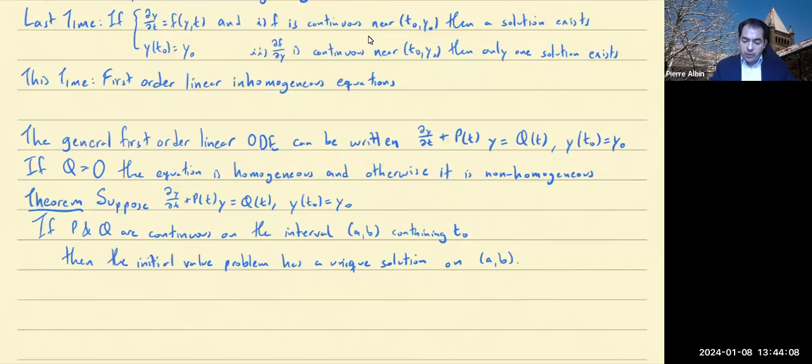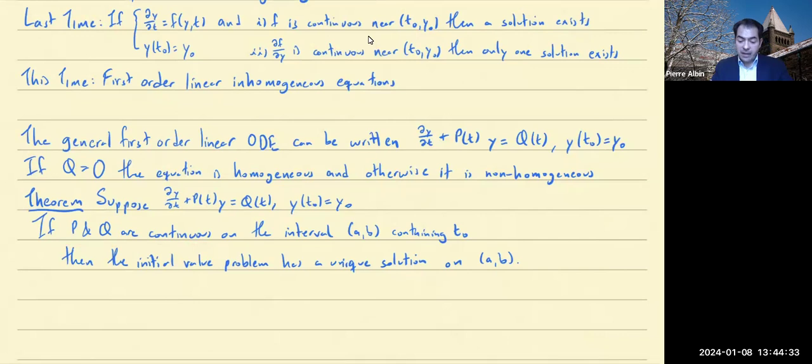Okay, so notice that the general theorem we saw last time, for existence, it was enough to have f continuous, but for uniqueness, we also needed the derivative of f to be continuous. Here, continuity is enough both for existence and for uniqueness.